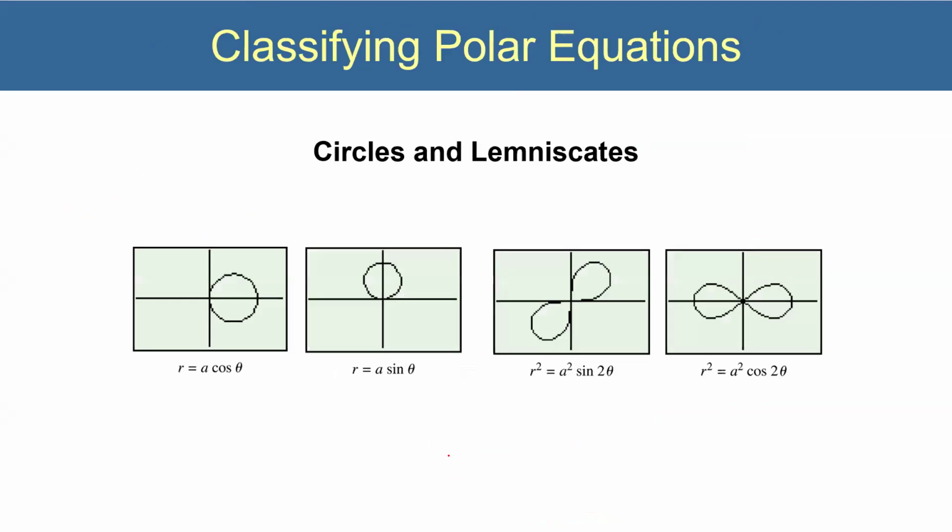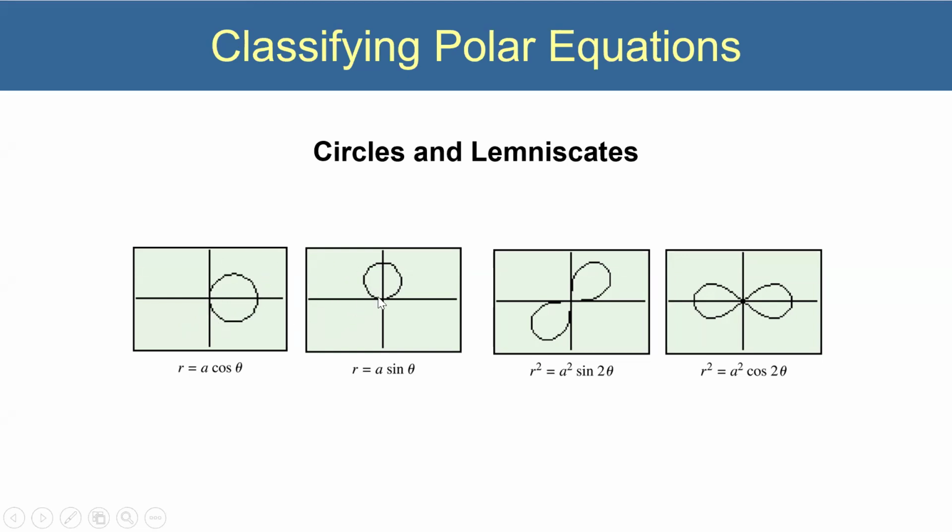Okay, all right, summary. Here we go. So these are your circles and your lemniscates. Your circles, and your cardioids. Okay. So the shape and how much curve is on it. Again, if it's a regular circle with cosine, a cosine theta, it's right there.